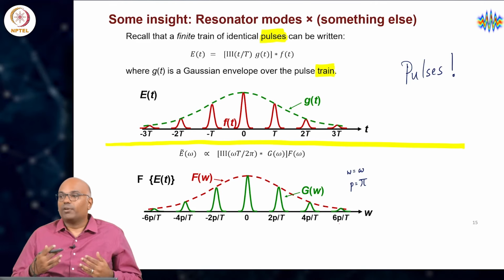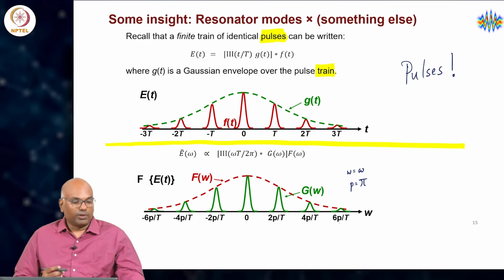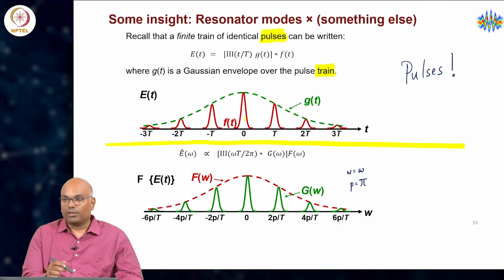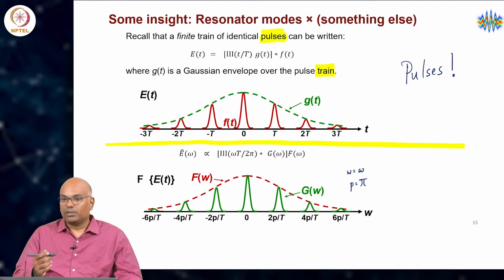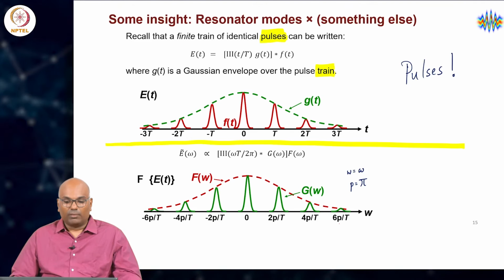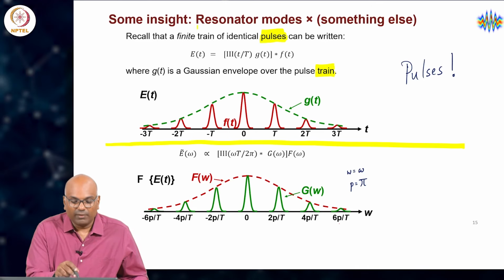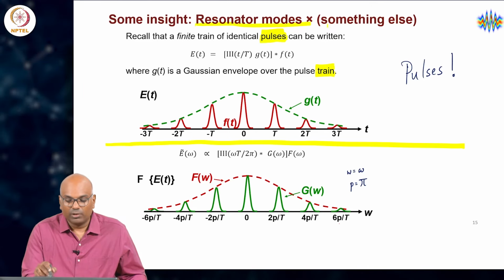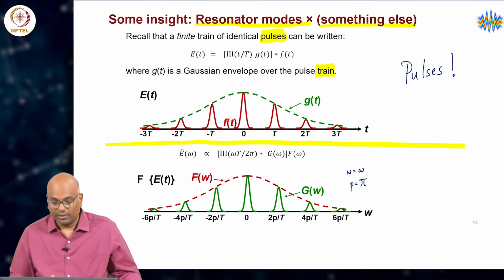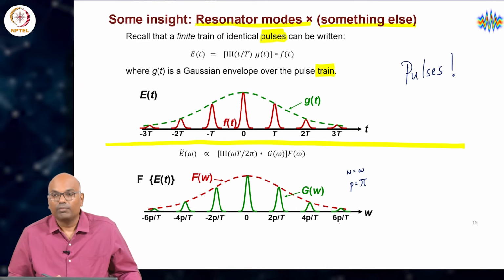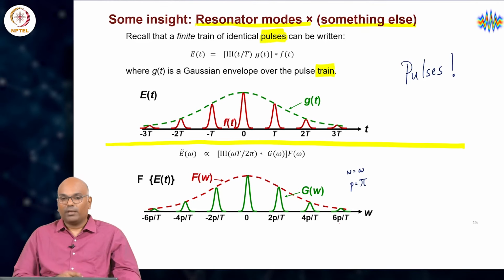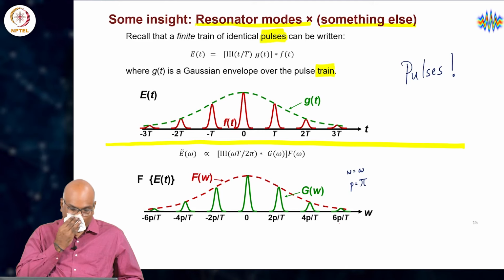When you let it run free, of course, you can always do some switching to pick one of these many pulses from the train, which is additional effort, and it is not the natural way in which the resonator would emit pulses. So, the insight that we have is resonator modes plus the physical details of the resonator itself lead us to a pulse train. That is the take home message from the previous lecture.